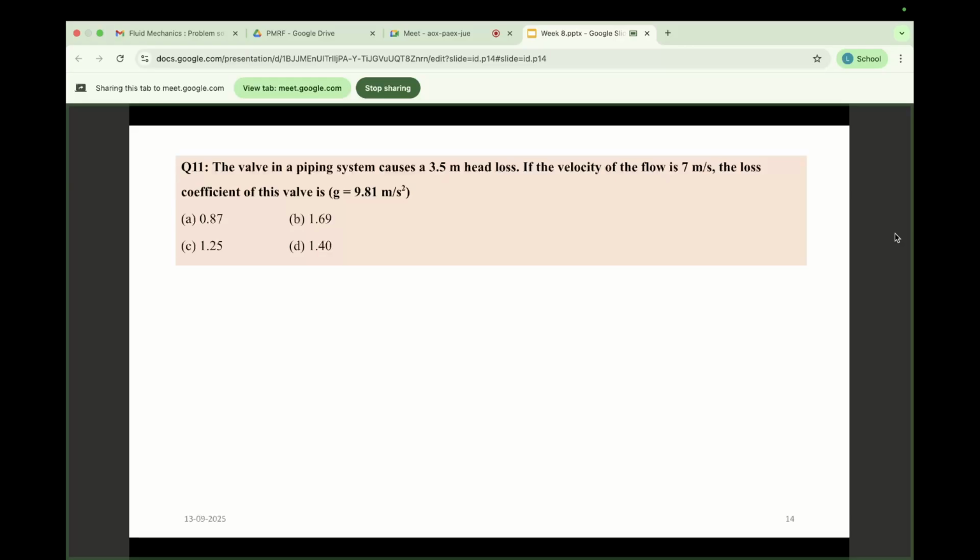Whatever velocity head or kinetic head is generated in the bigger pipe, when it goes to the smaller pipe, in a real-life viscous flow there will be some losses. So what is the formula of this velocity head? Generally, this is v square by 2g.